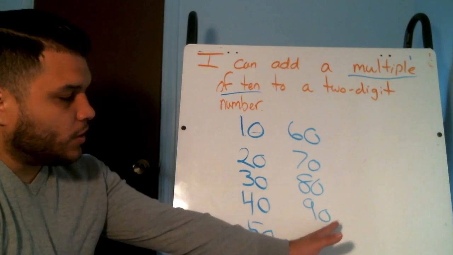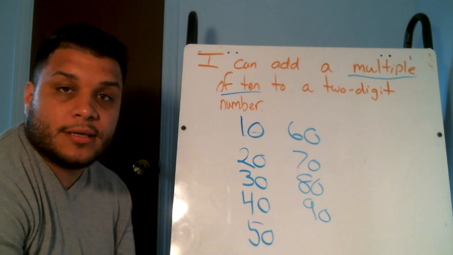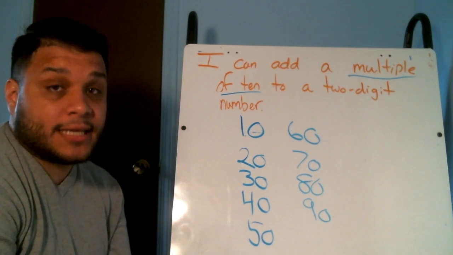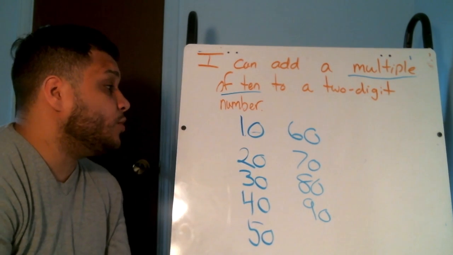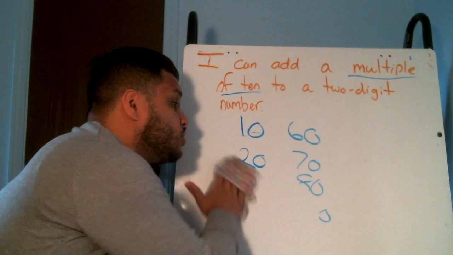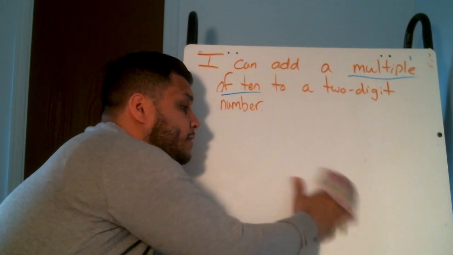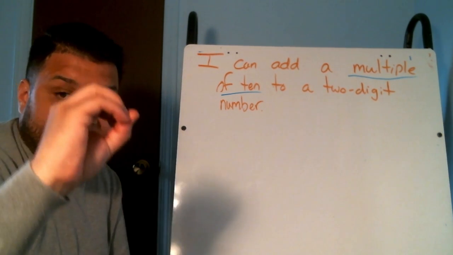Do we think the ones place is going to be affected or the tens place? If you said the tens place, kiss your brain. The tens place is the place value that is going to be affected when we add multiples of 10. The reason why is because when we add multiples of 10, in the ones place there's a 0.